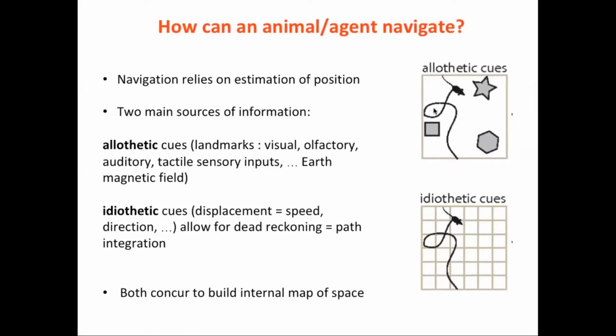And the other is called idiothetic cues, which are internal signals coming from the animal's body, such as those related to displacement, the speed, the direction of displacement. They allow for dead reckoning, which is also known under the name of path integration. And both sources of information concur to build an internal map of space which can be used for many purposes.